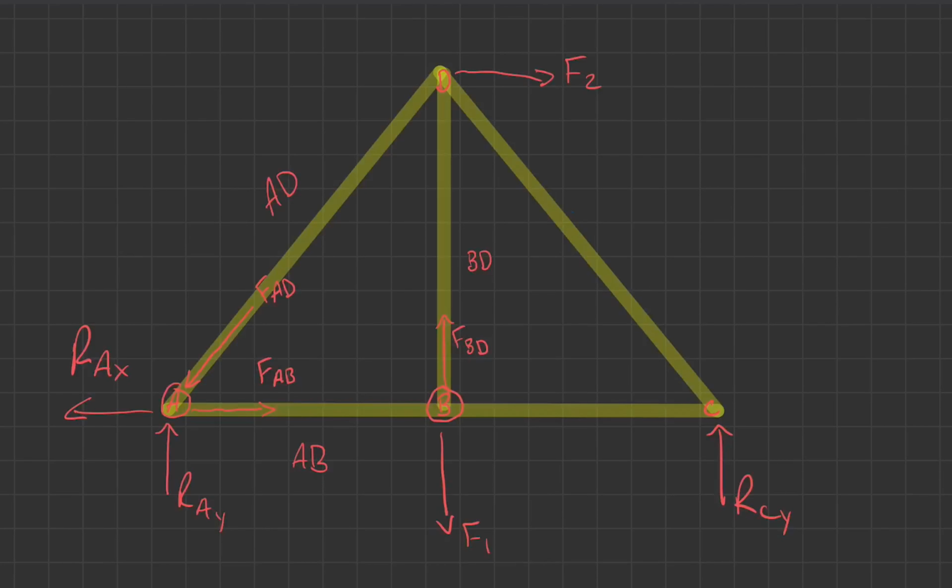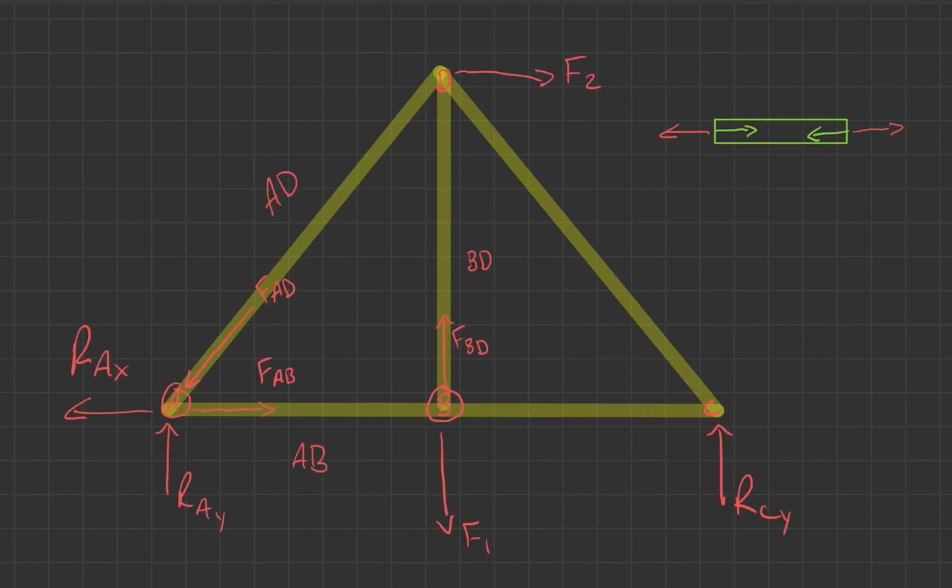Okay, so let's talk about this first really quick. If I've got a member and I've externally put this guy in tension, tension is me pulling it apart. So that's what it looks like on the outside. But on the inside, it's going to try and hold itself together. So if I am pulling it apart, internally it's going to be going together.